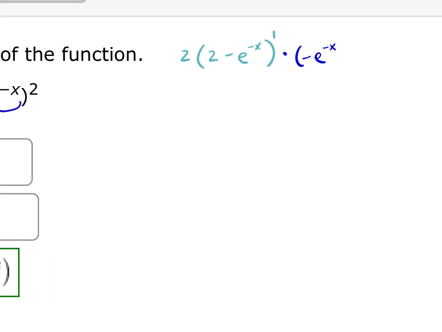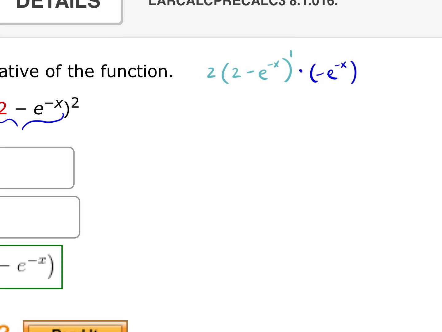And then we have to multiply it by the derivative of the exponent. So when we take our derivative of an exponential function, the e stays the same, and then we multiply it by the derivative of the exponent. So times, what's our derivative of negative x? -1. Perfect.